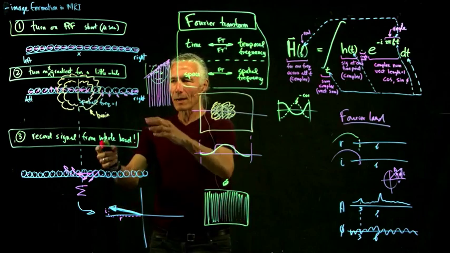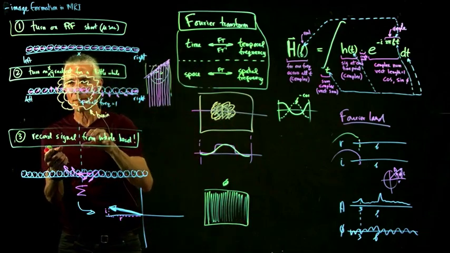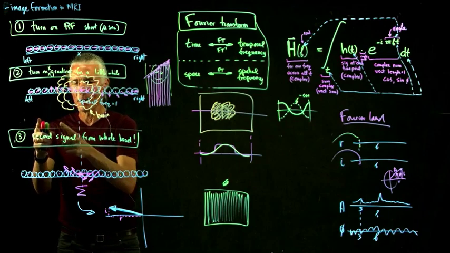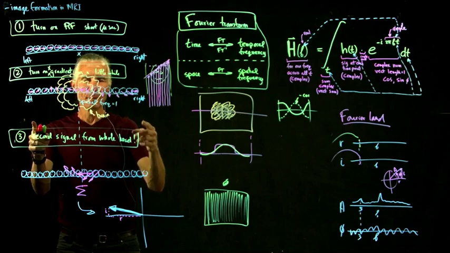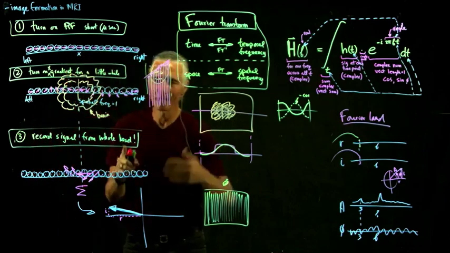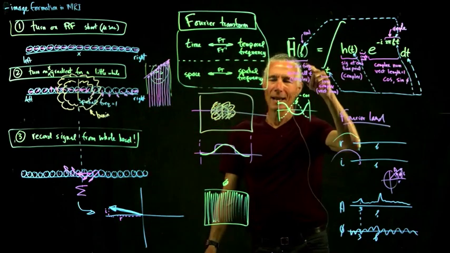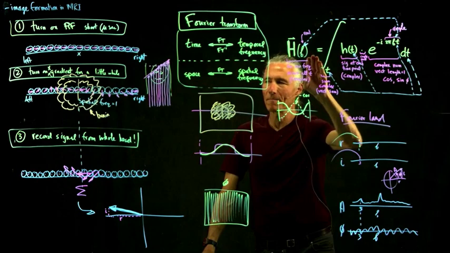So the gradients essentially wrap up these spins, and over time you collect first 1 wrap of spins, spatial frequency 1, and then 2 wraps and 3 wraps up to 128 wraps. And once you've done that, you have physically made a Fourier transform of the brain.